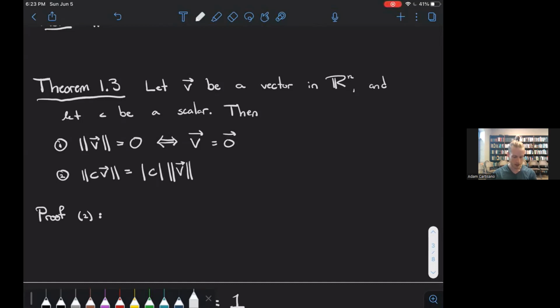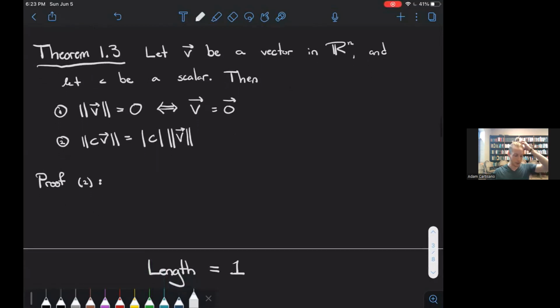Number 2, though, says that if you take the norm of a scalar times that vector, what you could have done is taken the absolute value of the scalar and then multiplied it by the norm of the vector. Absolute value, we'll see in just a second. So we're actually going to prove that one.